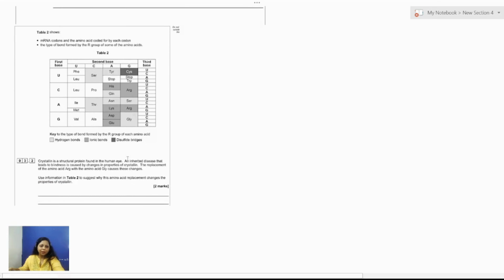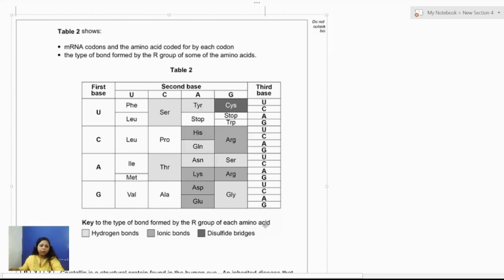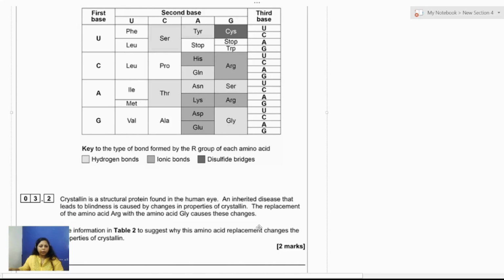Again, a table. Okay. There are amino acids given and a table is given. Like, which sequence can we use? Wait. Let me copy paste because we need to explain it according to this. Okay. A key has been given.